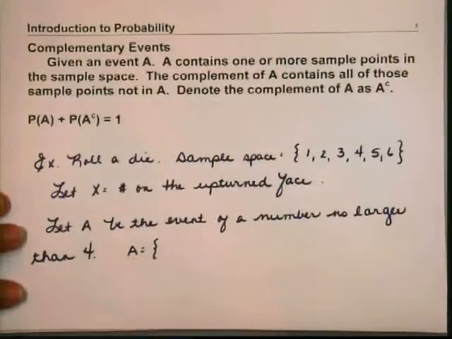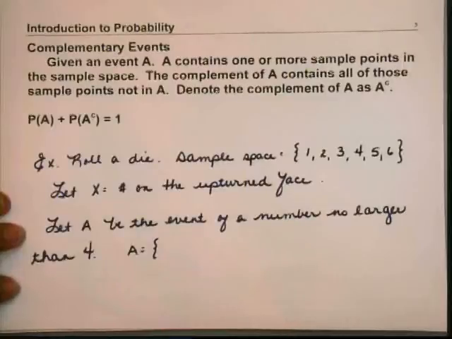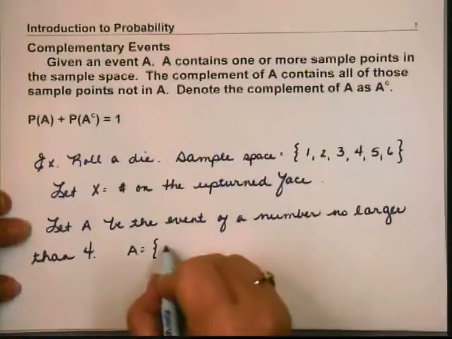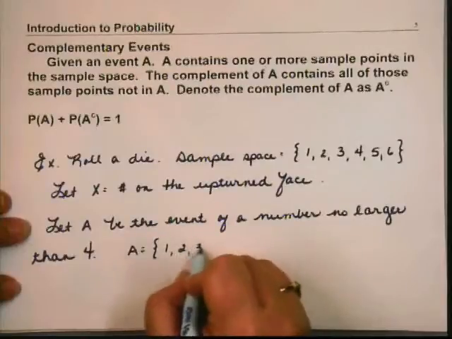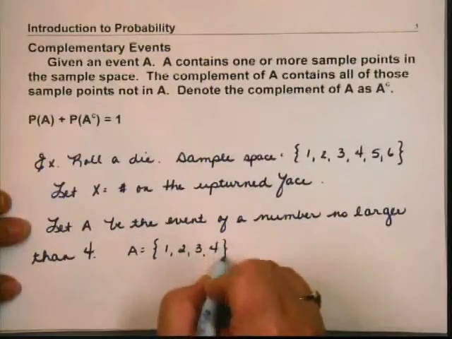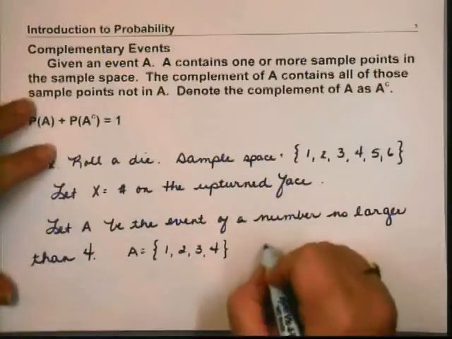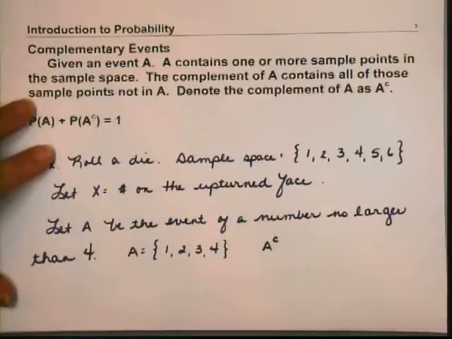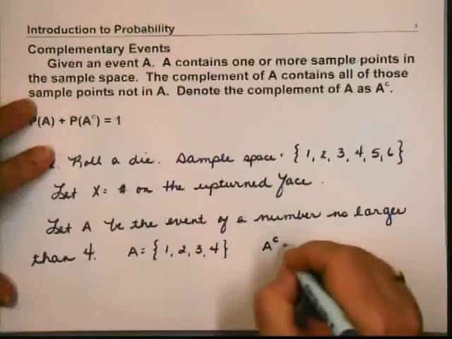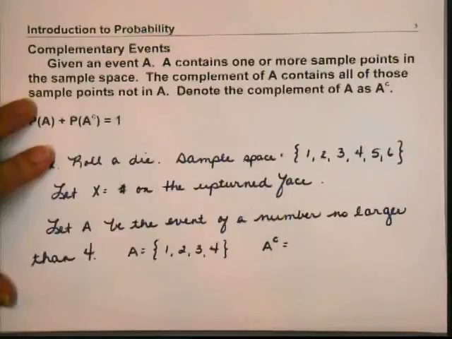It contains the values 1, 2, 3. Does it contain 4 or not? It does contain 4. No larger than 4, so it could be 4. Makes a difference. Okay, when we compute probabilities, what would the complement of A be equal to? The complement of A is everything in the sample space that's not in A: 5, 6.